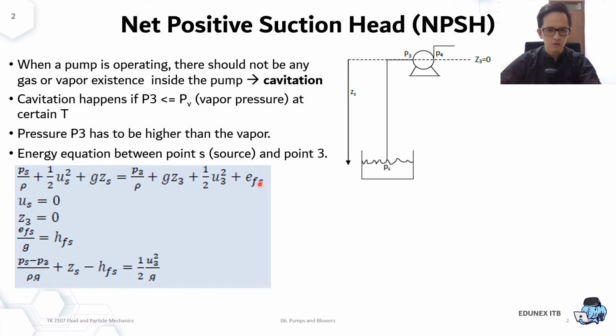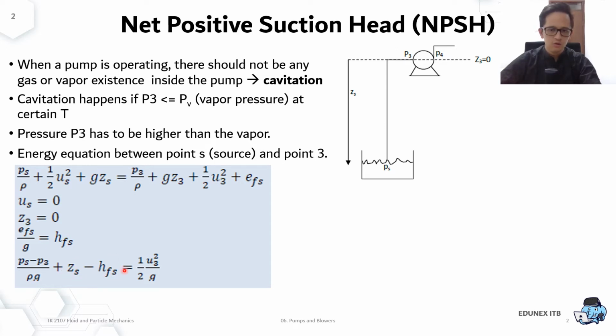And based on this equation, now we can get into this bottom equation that the delta pressure between source point with the P3 divided by the density and the gravity constant plus the elevation of the source minus HFS, that's the head of friction in the suction part.